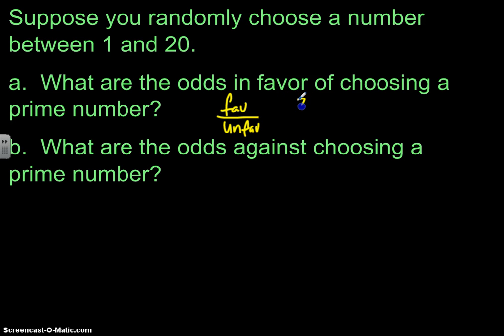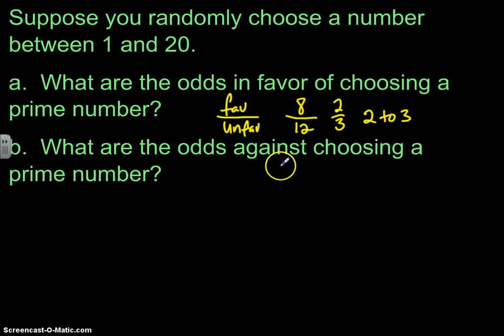So that's favorable outcome. How many numbers do I have between 1 and 20 that are unfavorable? Well, if I have 8 favorable and we have 20 numbers, that must mean I have 12 unfavorable. I can reduce this. I can divide by 4, and I get 2 over 3, which, if it's odds, we like to say 2 to 3.